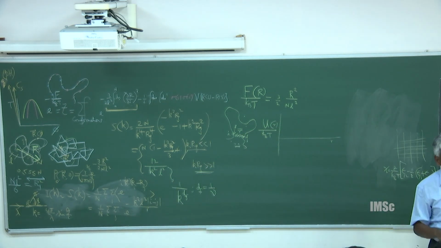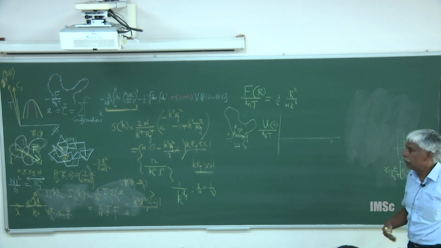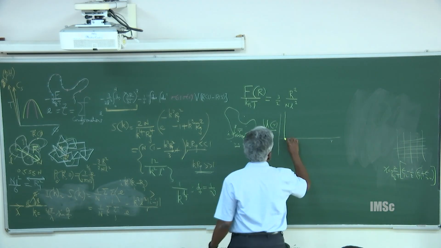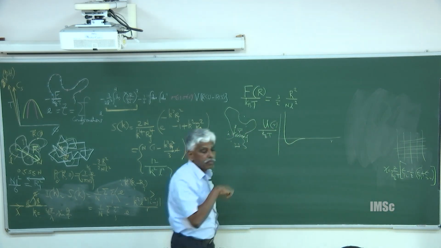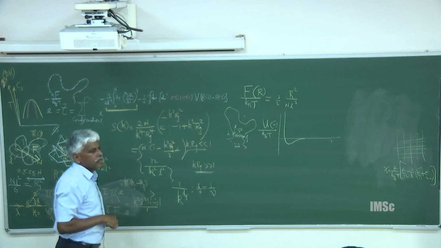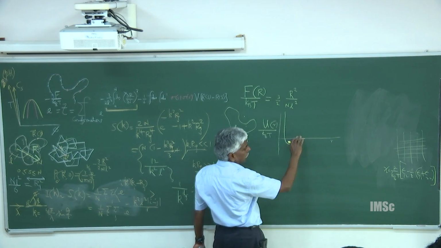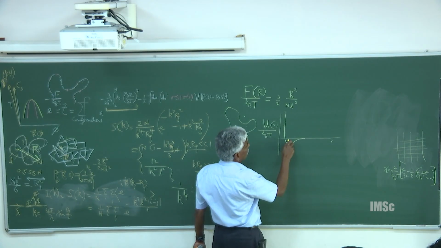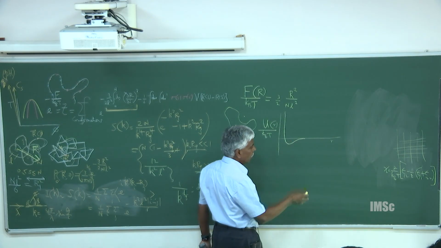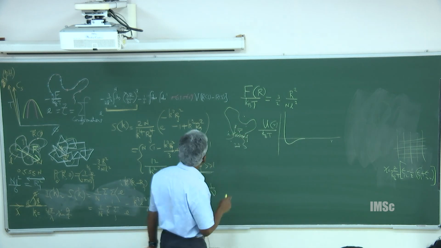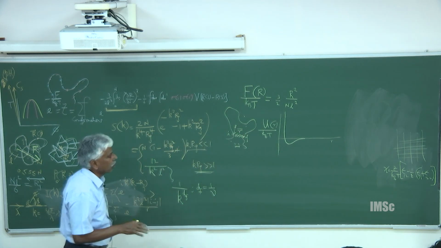I can create any answer I want depending upon the choice of the potential. But generically speaking, it is going to look like this. At short distances, it will be repulsive. At large distance, there will be nothing, and in the middle, there will be attraction, van der Waals, what have you. I have not put any charges here, just neutral cases.